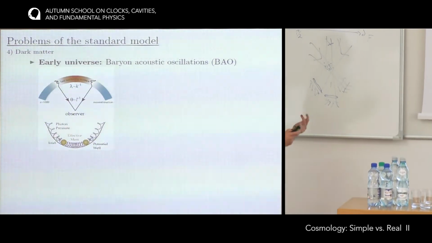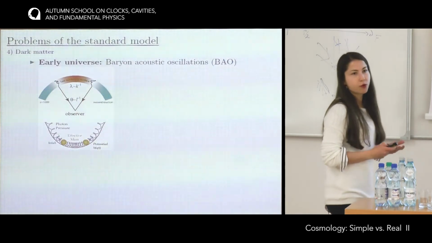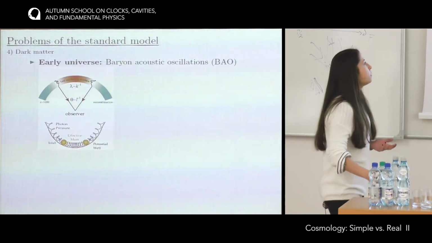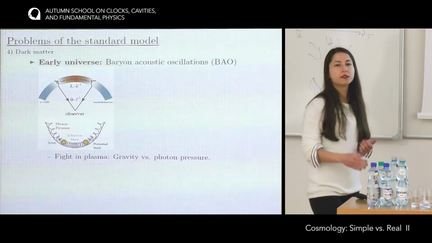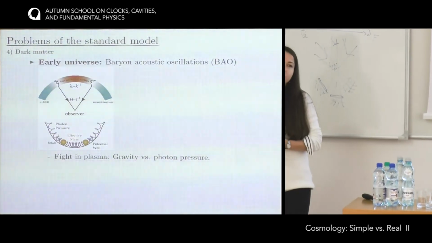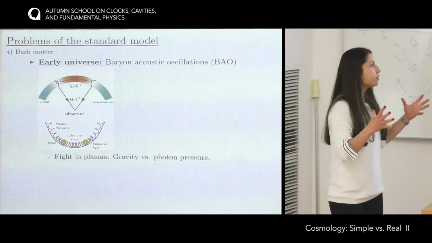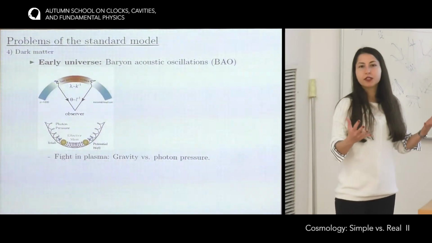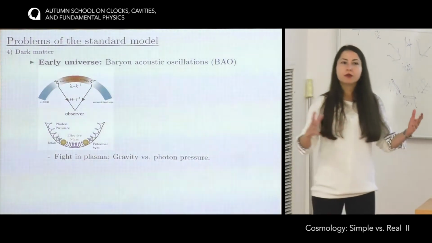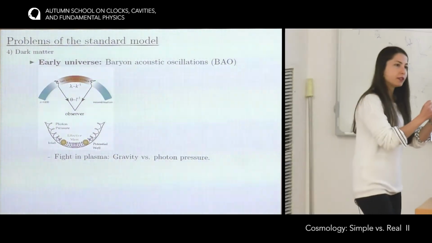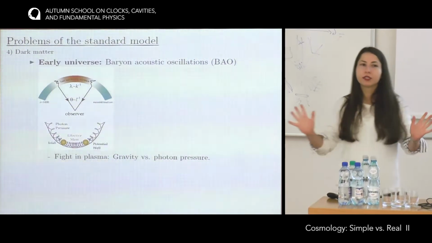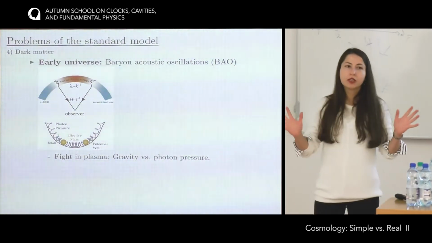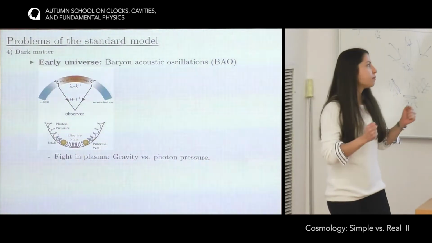Let's say we now put some dark matter into the problem. Now, there are two forces fighting in the early plasma, gravity and the photon pressure. Gravity, which is the gravity of the baryons and dark matter, will try to pull everything down, right? And the photon pressure will fight back against this gravity's pull. So they will start oscillating in a manner.